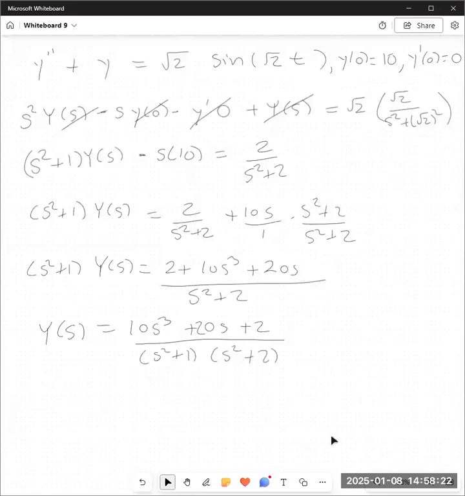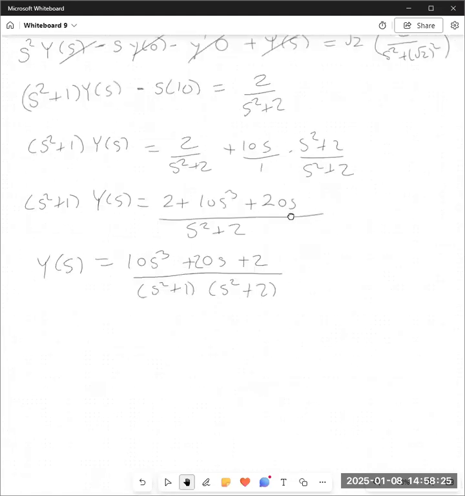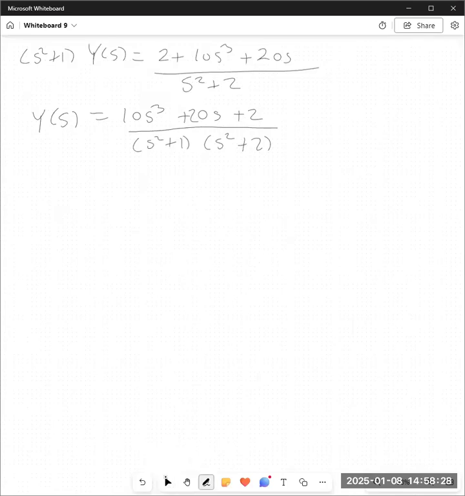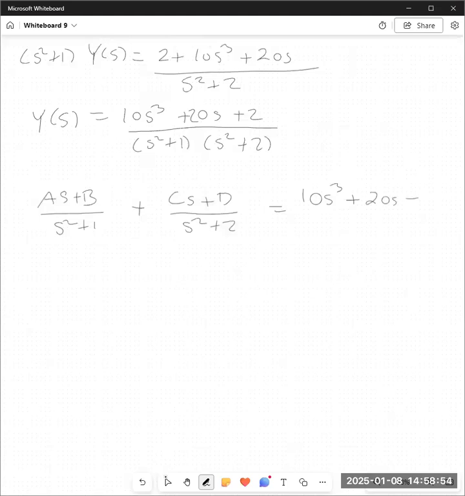Let's go ahead and drag this up to make some more room. So Y of s is going to be in the form of as plus b over s squared plus 1 plus cs plus d over s squared plus 2, is equal to 10s cubed plus 20s plus 2 over s squared plus 1 times s squared plus 2.